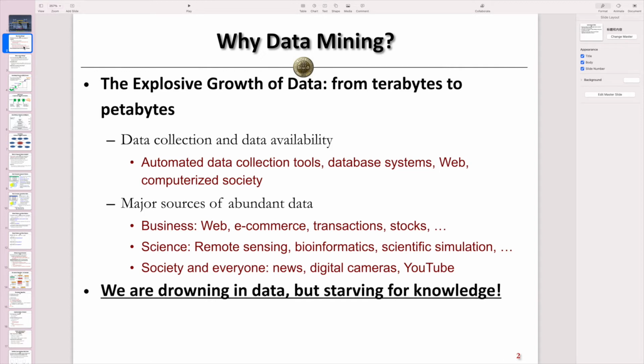We have automatic data collection tools, database systems, the web, and a society based on computer science, right? We can collect lots of data from the real world, and the data can come from different sources.